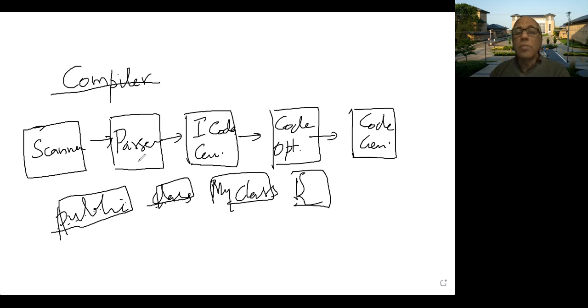And once the parser, or as the parser is figuring out what the program means, there is an intermediate code generator which converts all these Java lines of code into what is called intermediate code. This is not machine code or anything. This is somewhere in between higher level language and machine language.